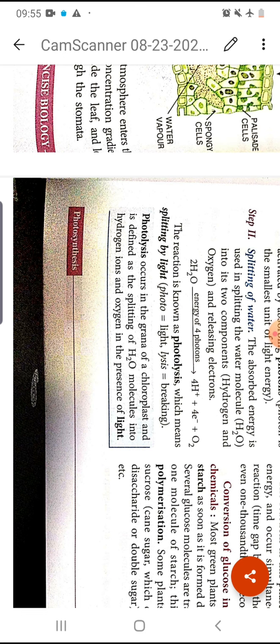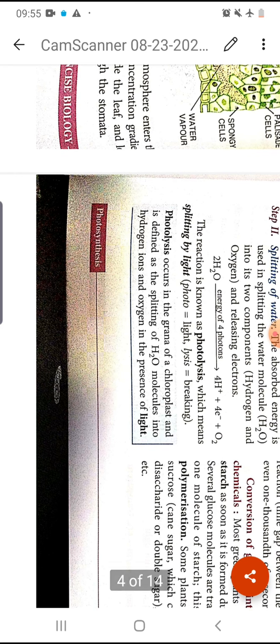Okay, so this reaction is known as photolysis. Photolysis means splitting of water with the help of light. Lysis means splitting, and photo, as photon is responsible for this reaction, so it is photolysis.